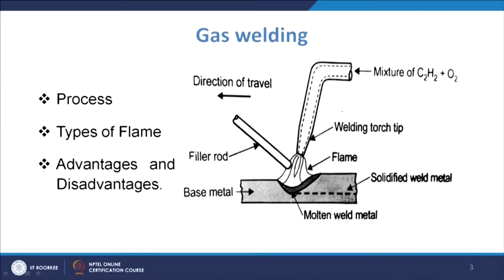This will come in a torch, where it will be mixed, and there will be ignition with a spark or a lighting torch, by which the flame is created and you can control the flow of C2H2 and O2 separately.